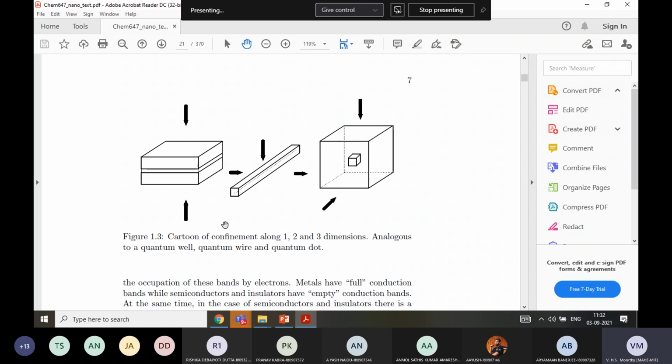Because depending on the size of the wire or rod, it can either restrict in x and y directions completely, but only in quantum dots will the electron have quantized levels in all three dimensions.